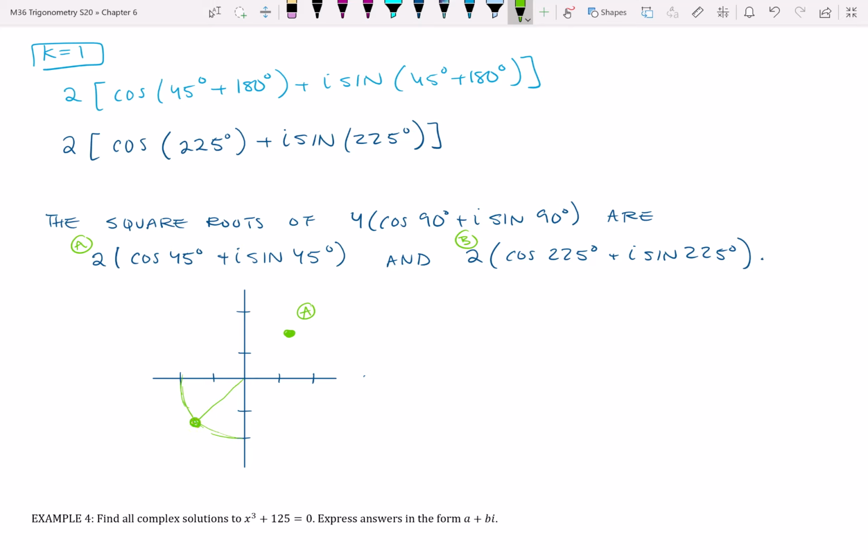So here's my point there. Notice that these two solutions are equal distance from each other. They're actually 180 degrees apart. So I'm going to write here that this is just checking graphically.